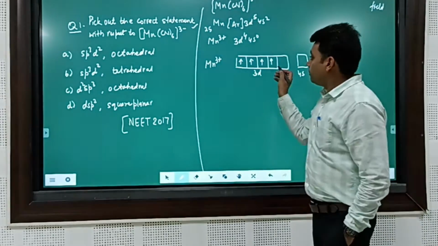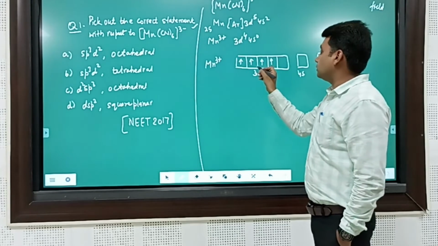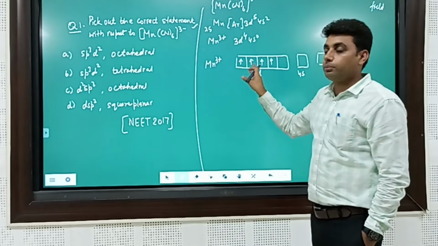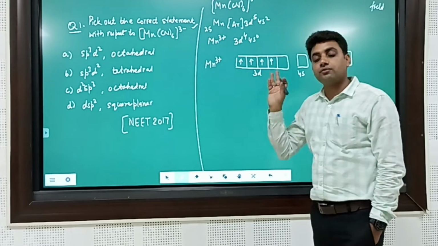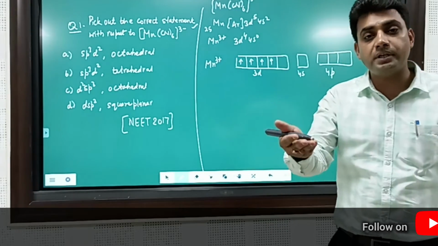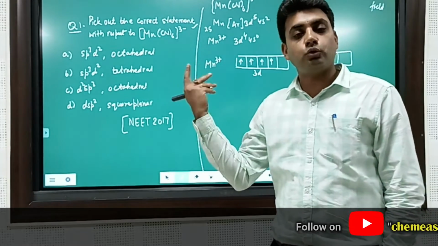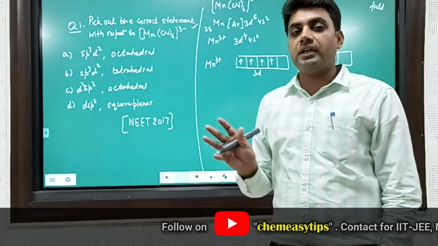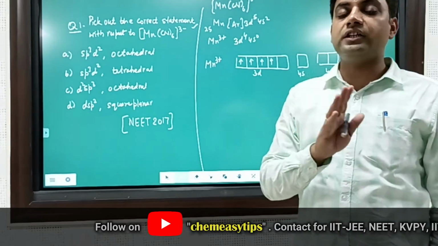So if we pair these 4 electrons, they appear in only 2 d orbitals, and we will get 3 empty d orbitals, and the hybridization may be d3sp2 like that. But there is no hybridization that contains d3.